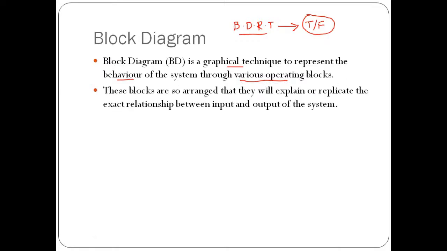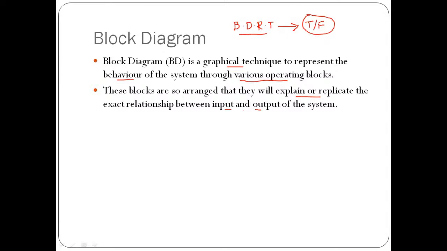Now, these blocks are so arranged that they will explain or replicate, and this is very important, the exact relationship between the input and the output of the system. That means through those blocks, we are trying to define the relationship between the input and the output of that particular system.